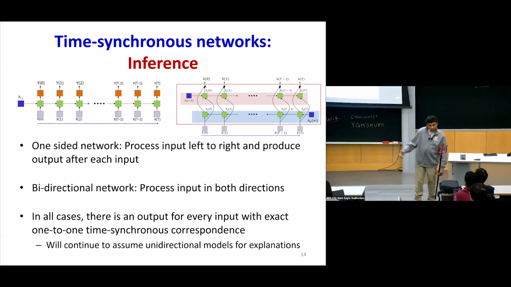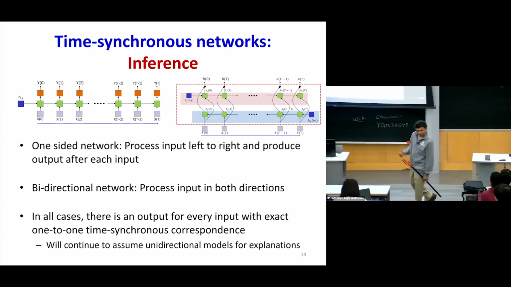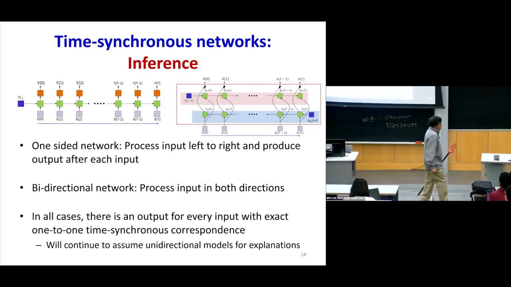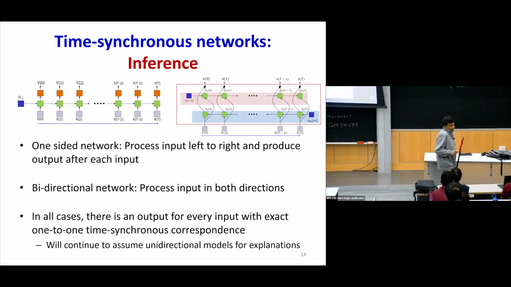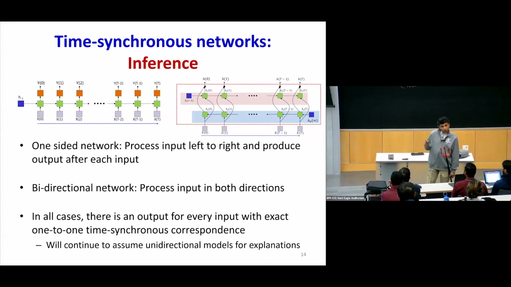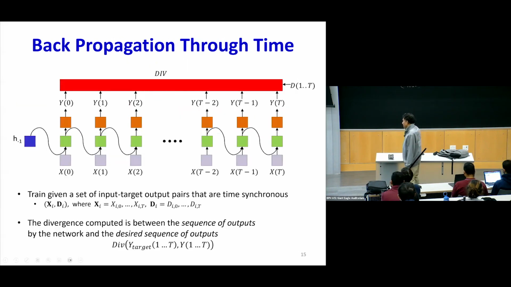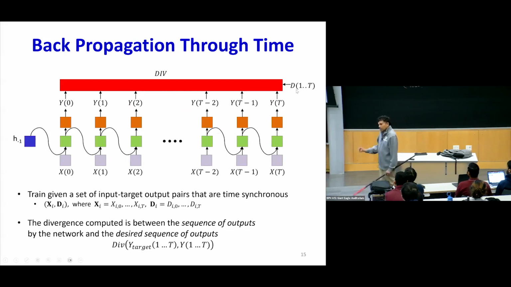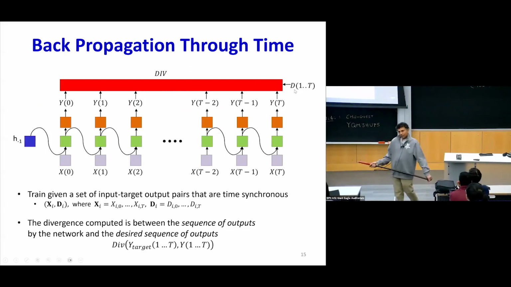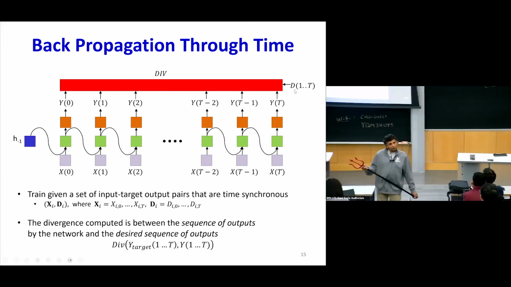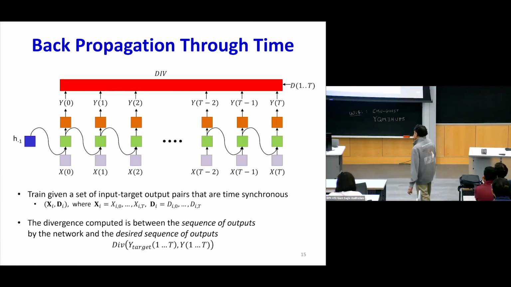So here you could have a bidirectional recurrent network. Nonetheless, the tagging is for tags assigned to every word. So even though the network is bidirectional, you have a strict one-to-one correspondence between the input and output. I'm going to continue assuming that we have one-sided networks, but there's nothing special; you could be thinking of bidirectional networks here as well.